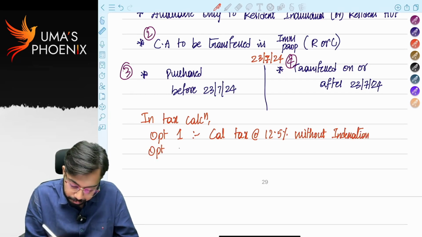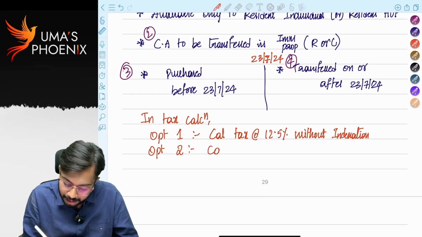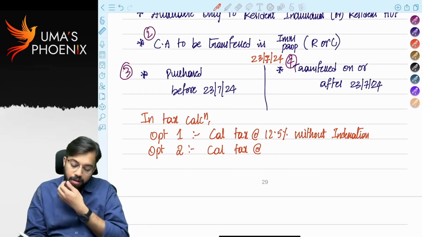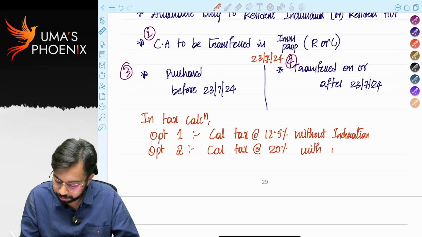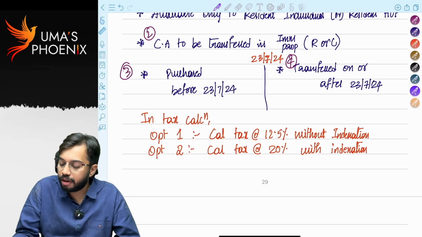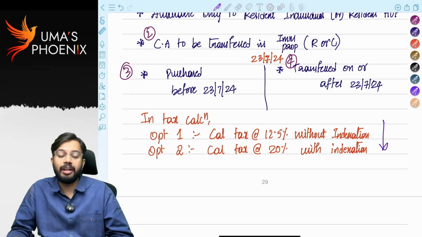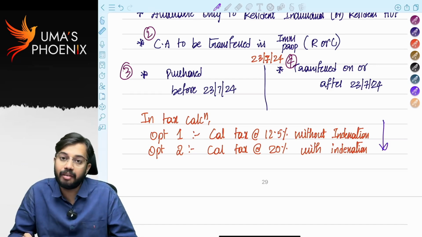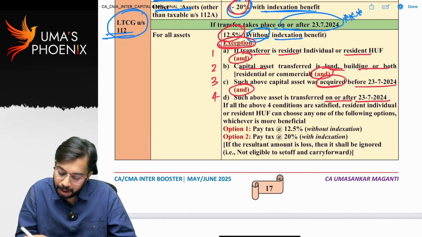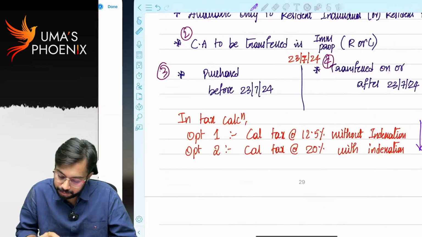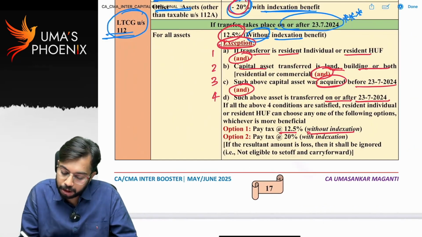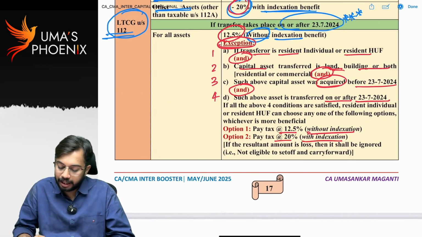Option 2, calculate tax at the rate of 20% with indexation benefit. Out of these two, wherever tax is lower, that tax we are going to pay to the government. Is it clear? So option 1, pay tax at the rate of 12.5% without indexation. Option 2, pay tax at the rate of 20% with indexation.